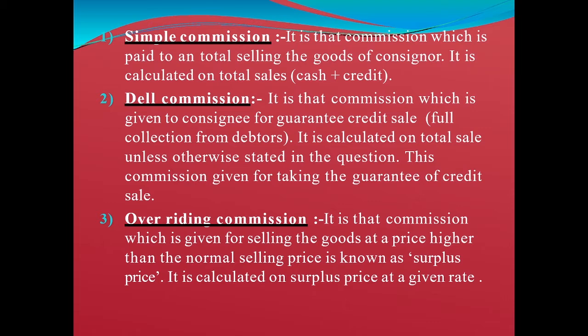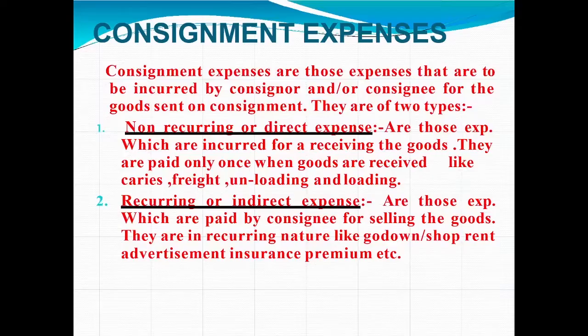Del credere commission is given for collecting the credit sales, so sometimes it is also calculated on total sales. Next, overriding commission is given for goods sold at more than the price set by the consignor. So overriding commission is calculated on the surplus price.